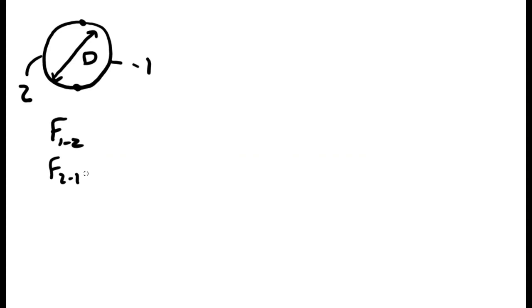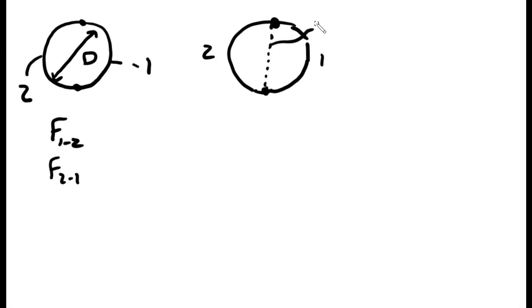Okay, so how are we going to do it? Well, first we draw. So let's redraw our circle. 1 and 2. And we're going to draw another line, 3. We're going to use the curvature rule, right? So we know that f from 1 to 3 is equal to f from 1 to 2.